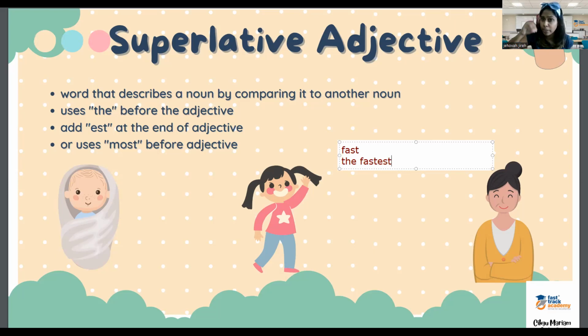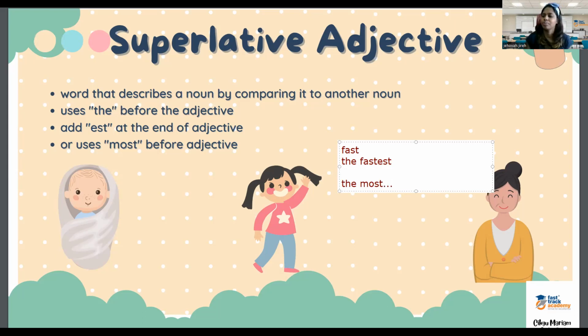Okay, which means you're talking about that one particular thing. Whatever adjective you're going to use, you have to say the fastest. For some words you cannot use est, so you have to add the most before the given adjective.